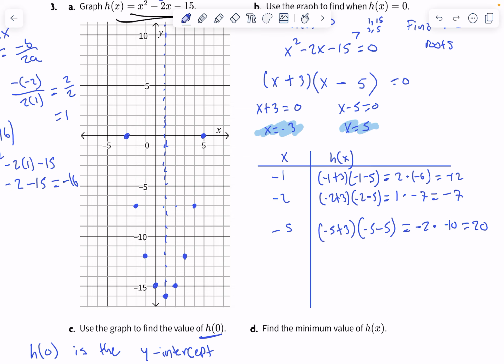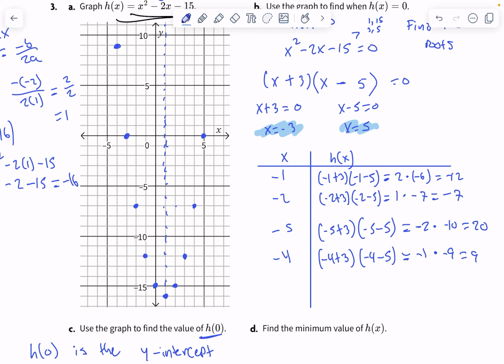So I think for today's video, it's purposeful if we choose maybe -4. Let's try -4. So -4 plus 3, -4 minus 5 is equal to -1 times -9. That's equal to 9. So at -4, we are over here at 9.